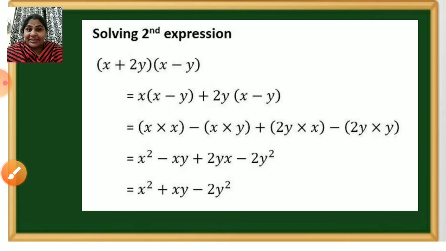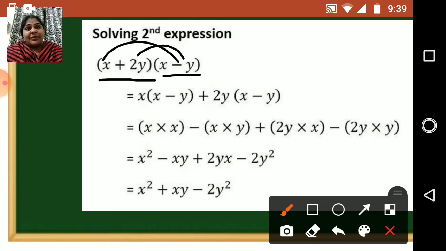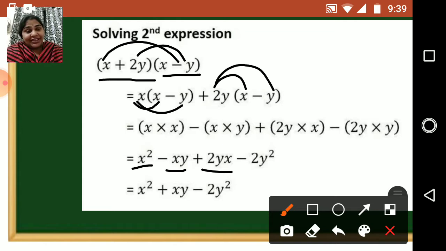Let us solve the second expression, that is x plus 2y multiplied by x minus y. So x multiplied by the second bracket, that is x minus y, and 2y multiplied by again the second bracket, that is x minus y. Now let us multiply. x multiplied by x will be x square. x multiplied by negative y will be negative xy. 2y multiplied by x will be 2yx, and 2y multiplied by negative y is negative 2y square.